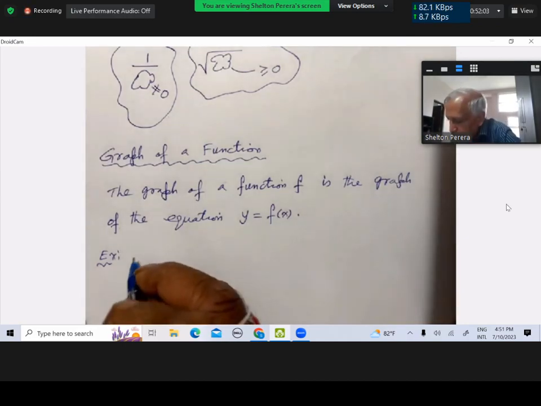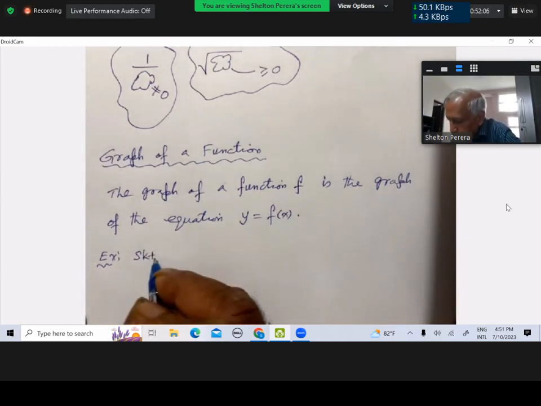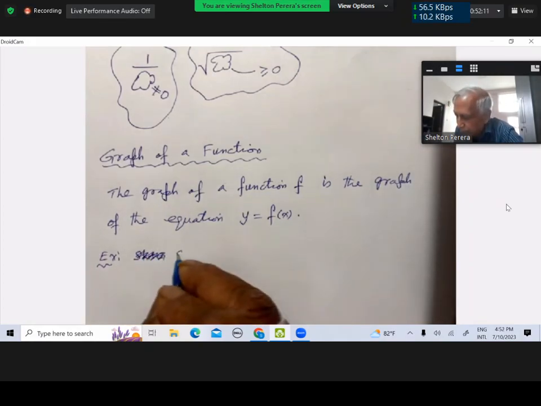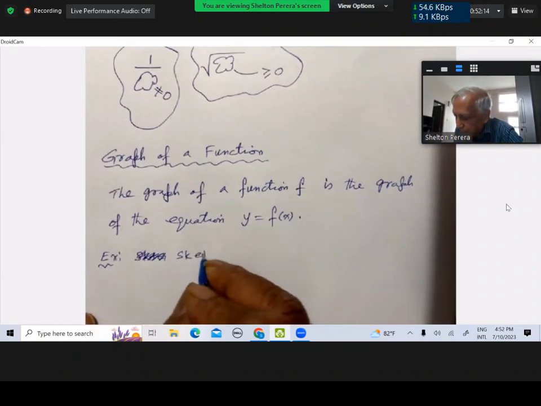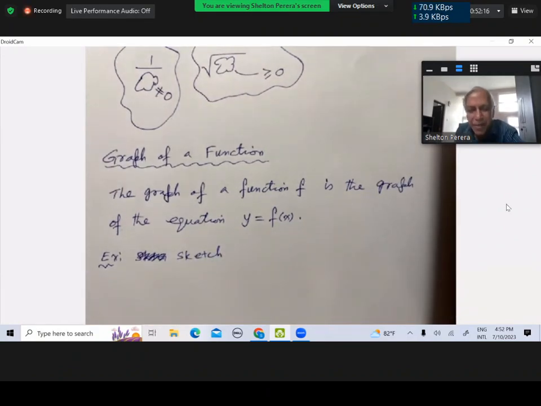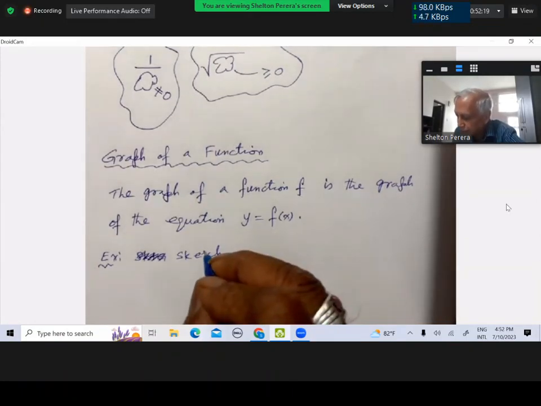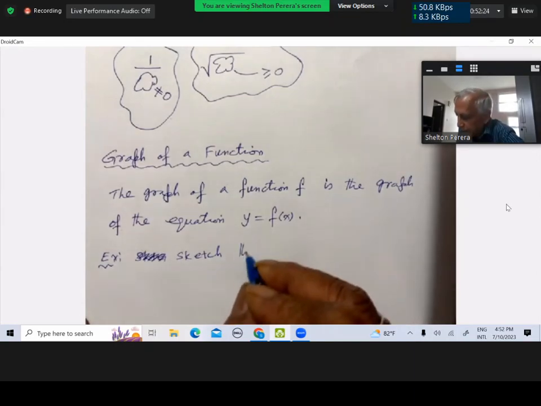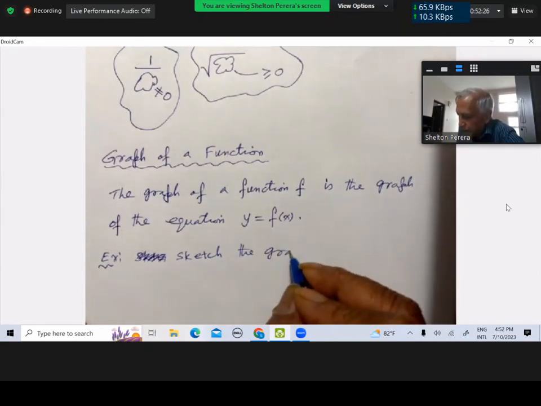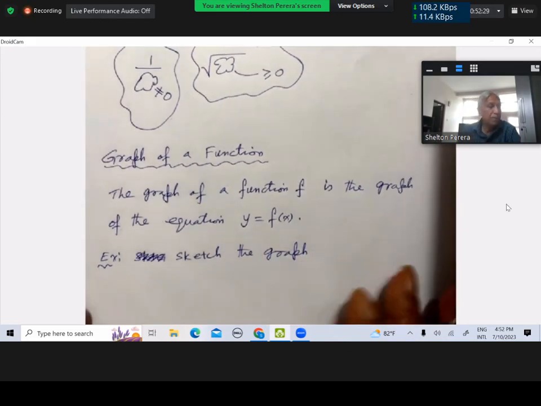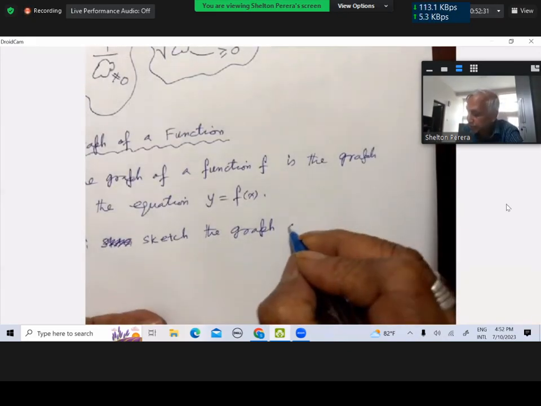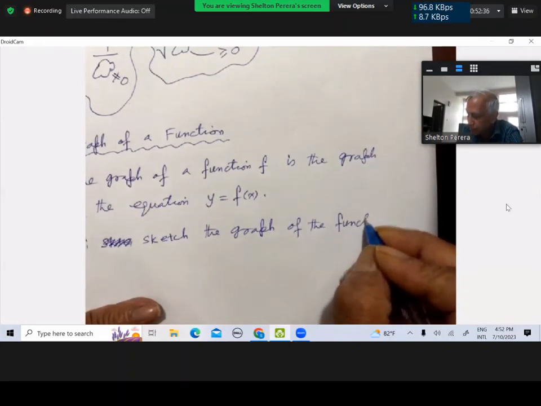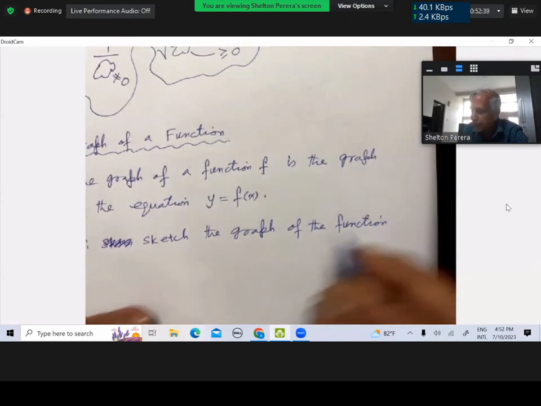Example: sketch the graph of the function.